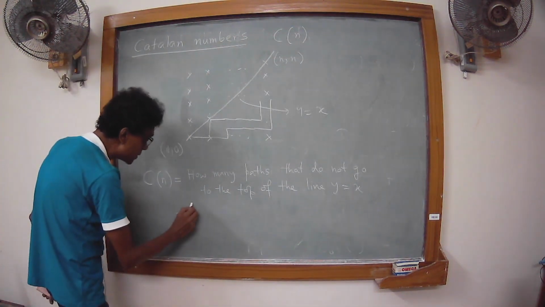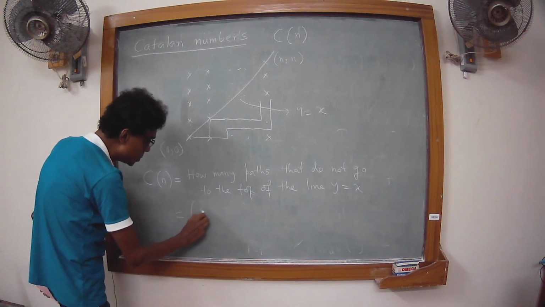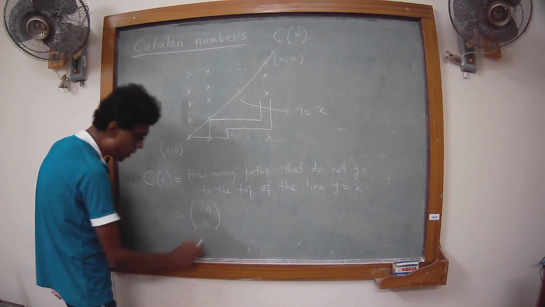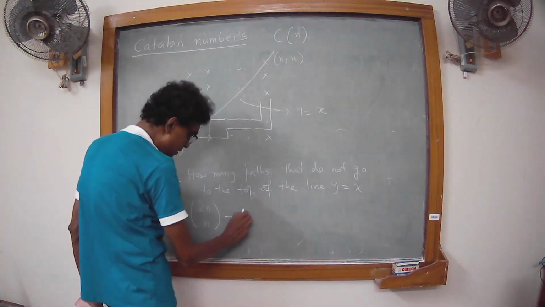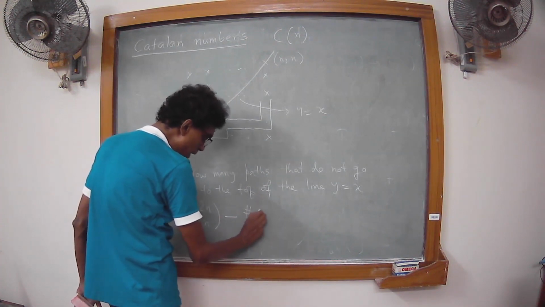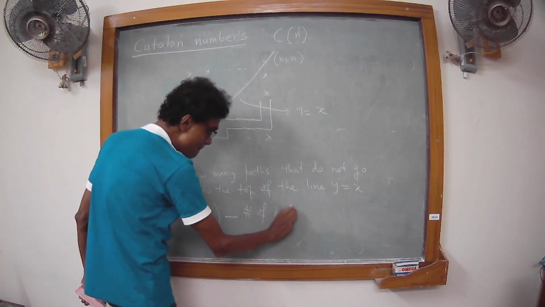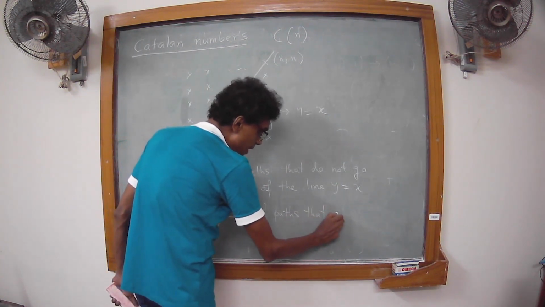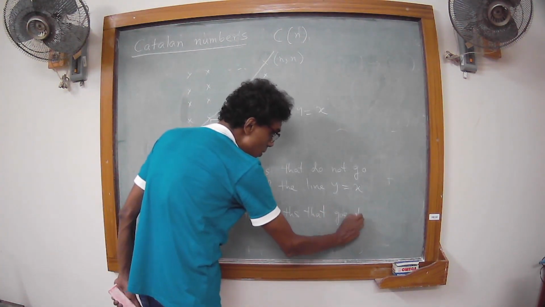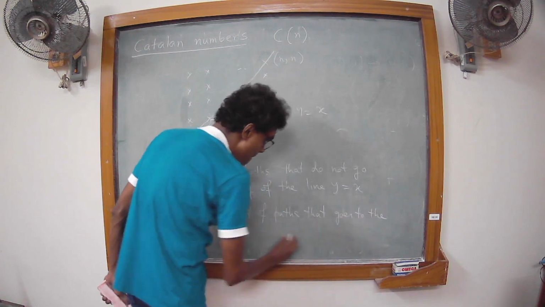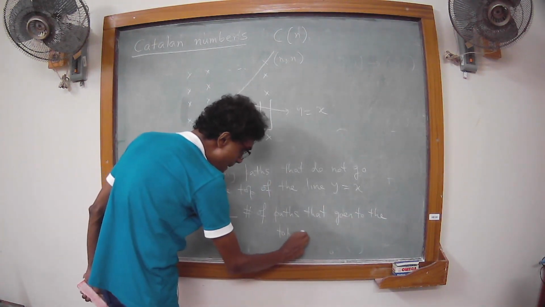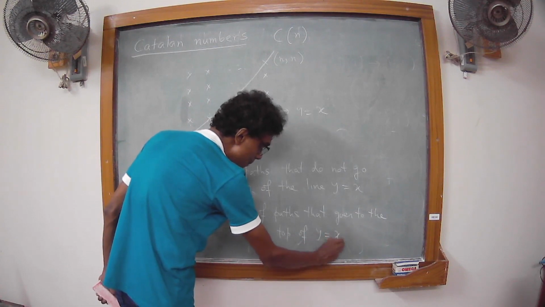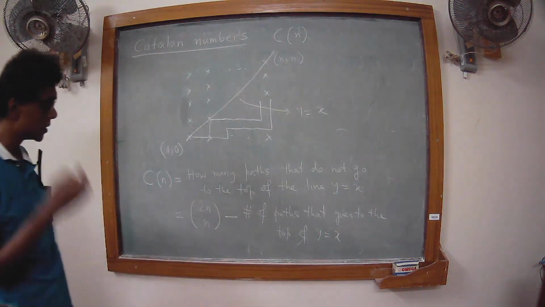So this is 2n choose n, all possible paths, minus the count of the number of paths that go to the top of the line y equal to x.